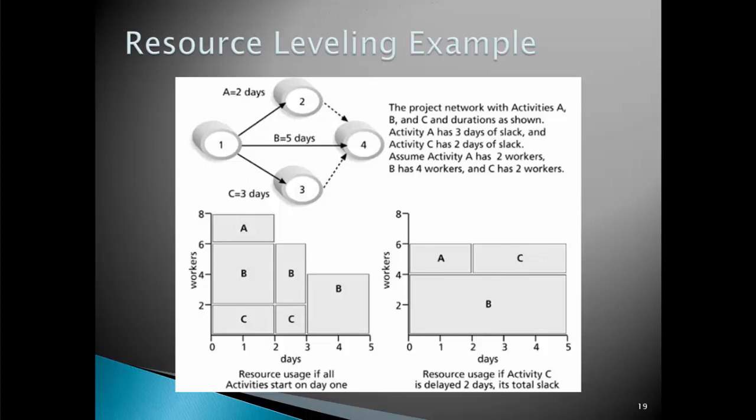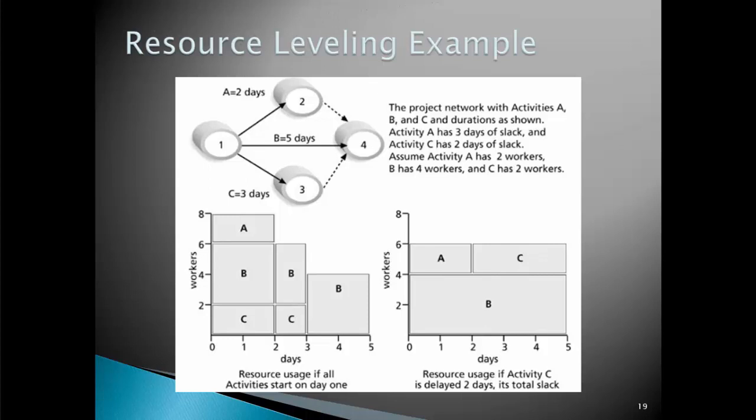During the first 2 days, everybody's busy, while during the last 2 days, half of our workforce is underutilized, not doing anything. So with the slack or lag of time that I have for both activities A and C, we level the resources by delaying activity C until activity A is done.